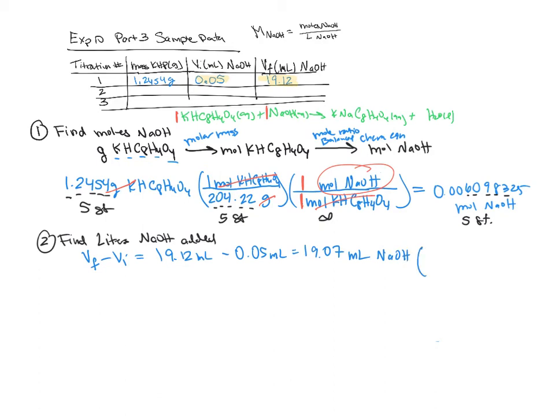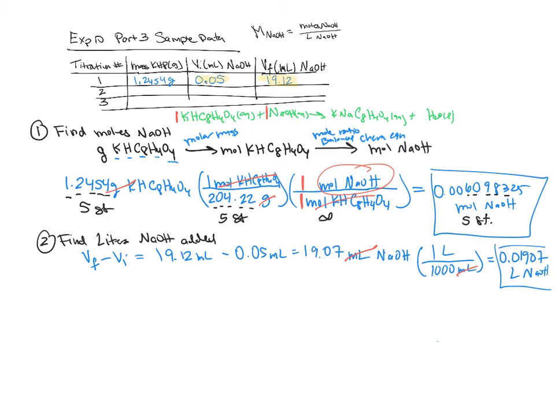And we can convert to liters by dividing by 1,000. I know that 1 liter contains 1,000 milliliters. Double checking that our units cancel, which they do. 0.01907 liters NaOH.